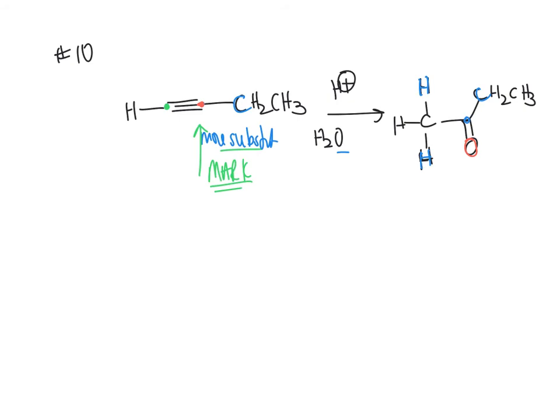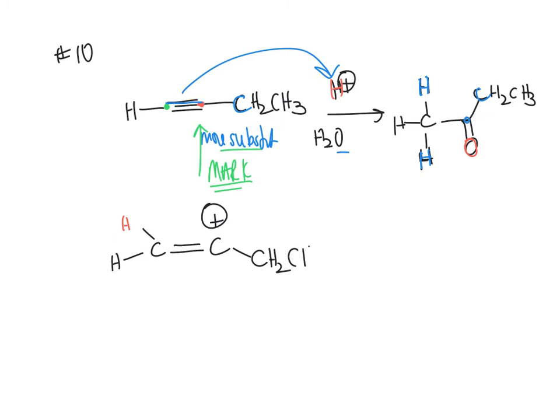Using your knowledge of the acid-catalyzed hydration of alkenes, devise a mechanism for the above reaction using curved arrows for the electron flow. For your mechanism, the nucleophile here is these electrons, which get protonated, and that would add the H here. Now you have an alkene, and you're going to get a carbocation on the next carbon.